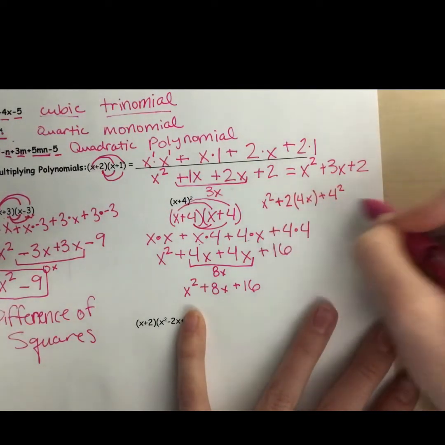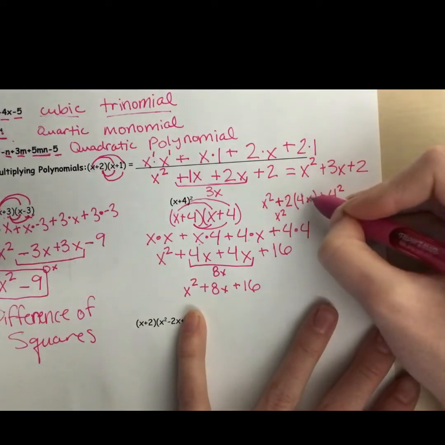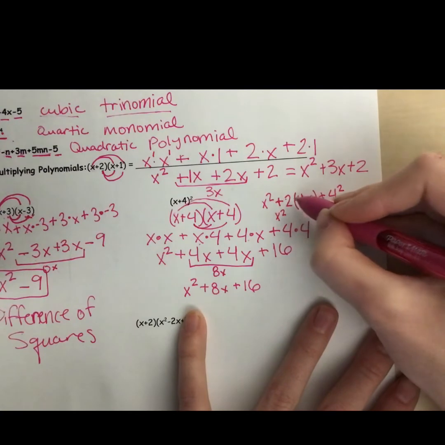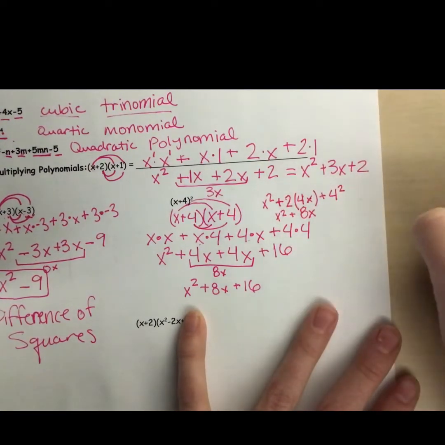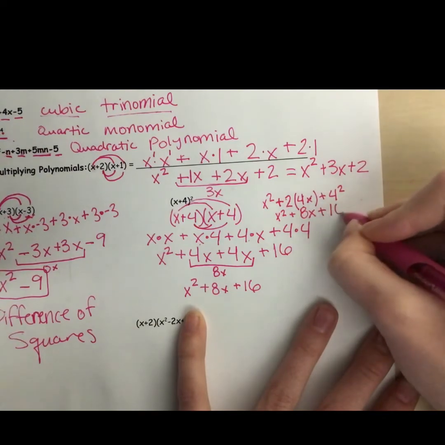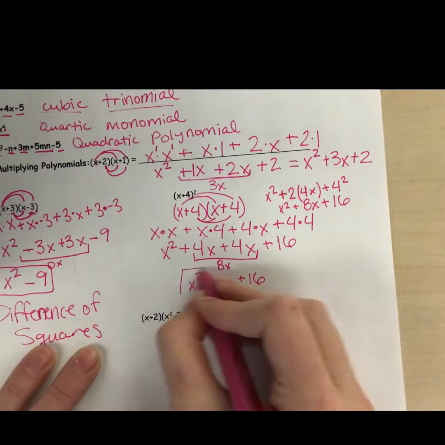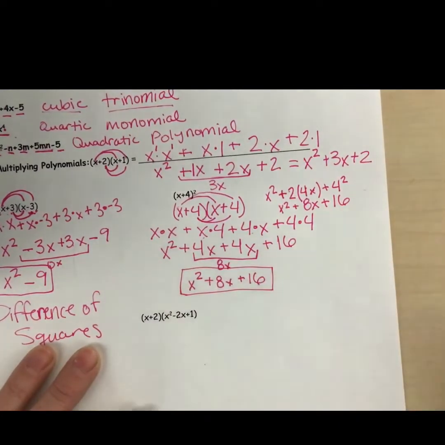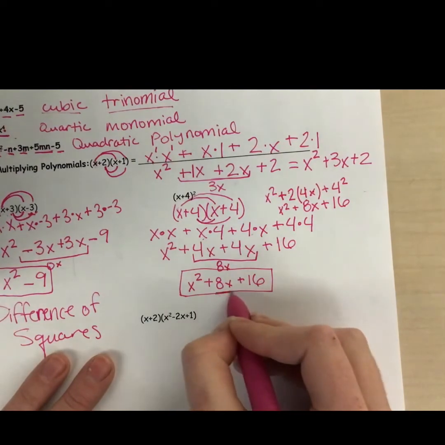Well, if we were to actually do this, we would still get our x squared. 2 times 4 times x, I can multiply the two numbers together to get 8, and then we still have x, and 4 squared is 16. So that's the nice trick to do with our perfect squares. But remember, it's not just distributing the square over, because we would be missing this middle term.